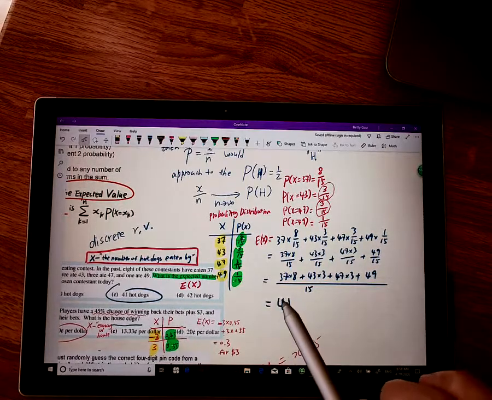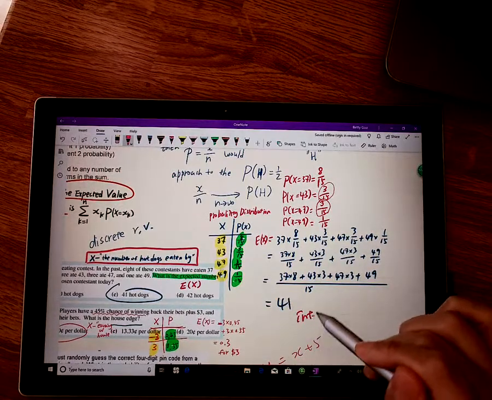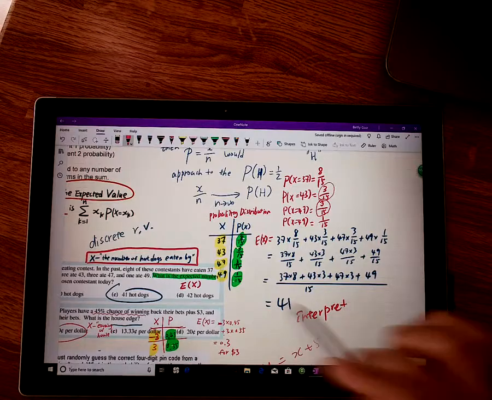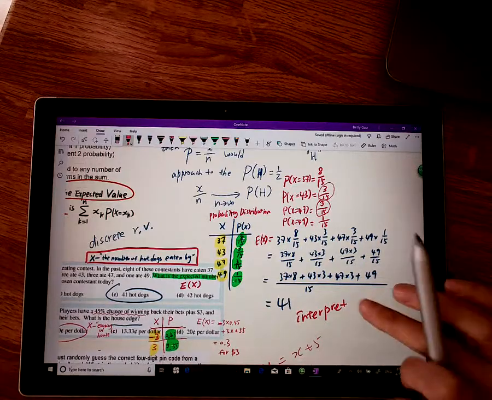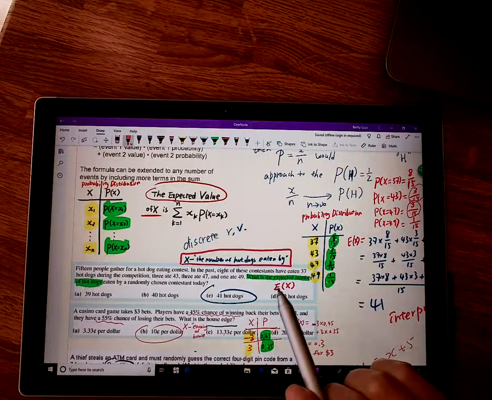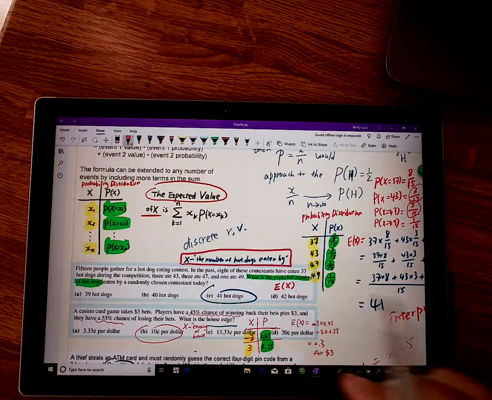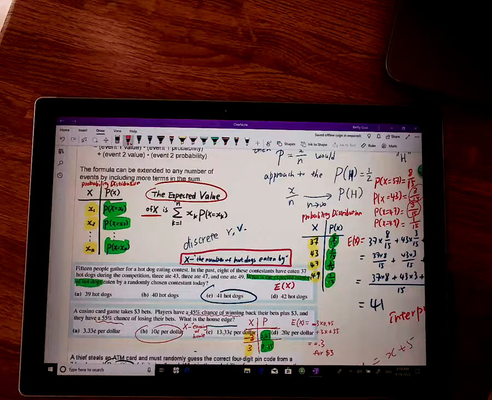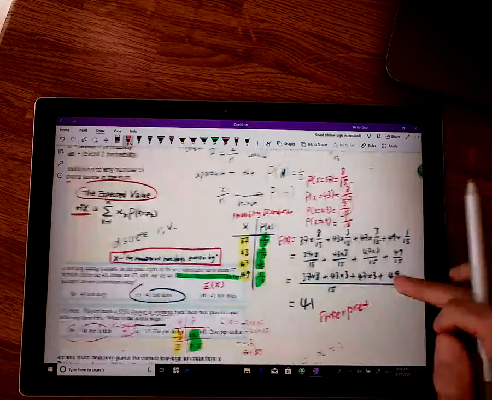Let's explain or interpret 41. How do we understand that? We found that the expected number of hot dogs eaten by a randomly chosen contestant today would be 41.